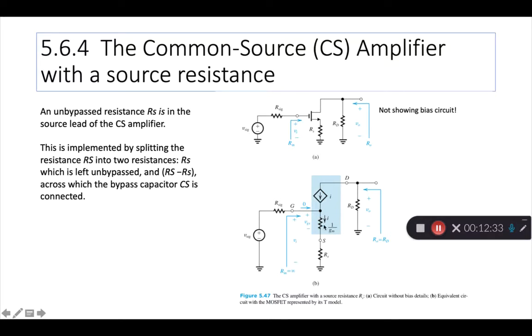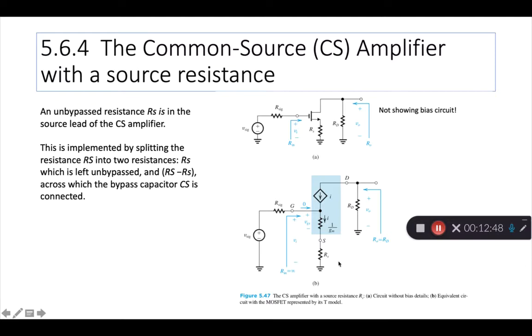So that resistance is used in the model. The T model is more useful when you have this extra resistance. So that's the rule.